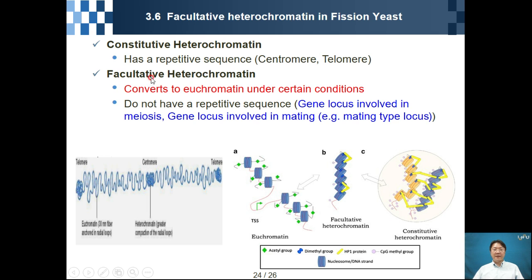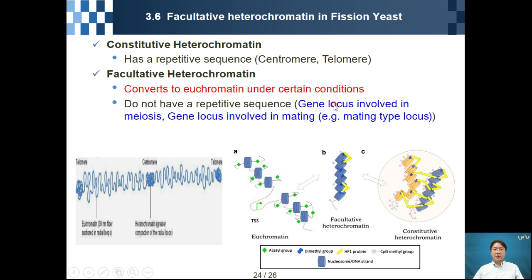So what is the facultative heterochromatin? Facultative heterochromatin can convert to euchromatin under certain conditions. But this facultative heterochromatin does not have repetitive sequences.